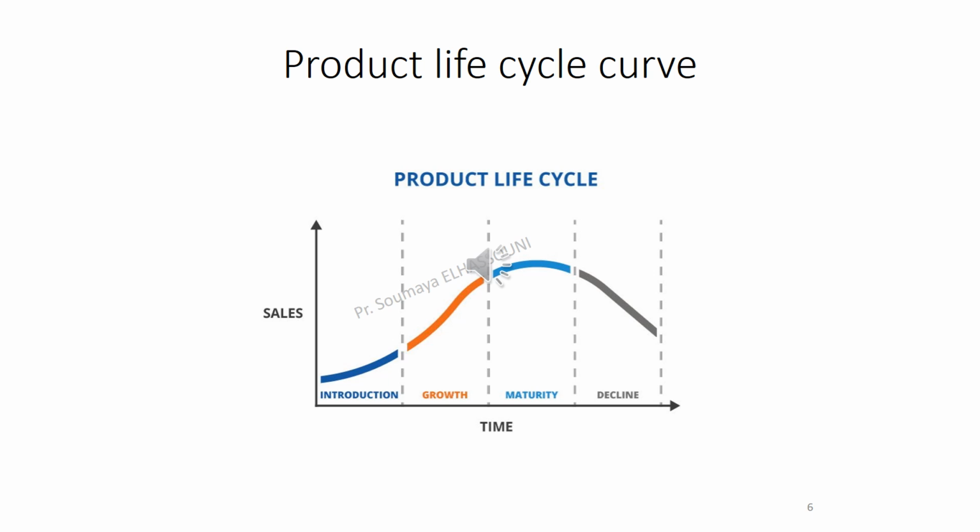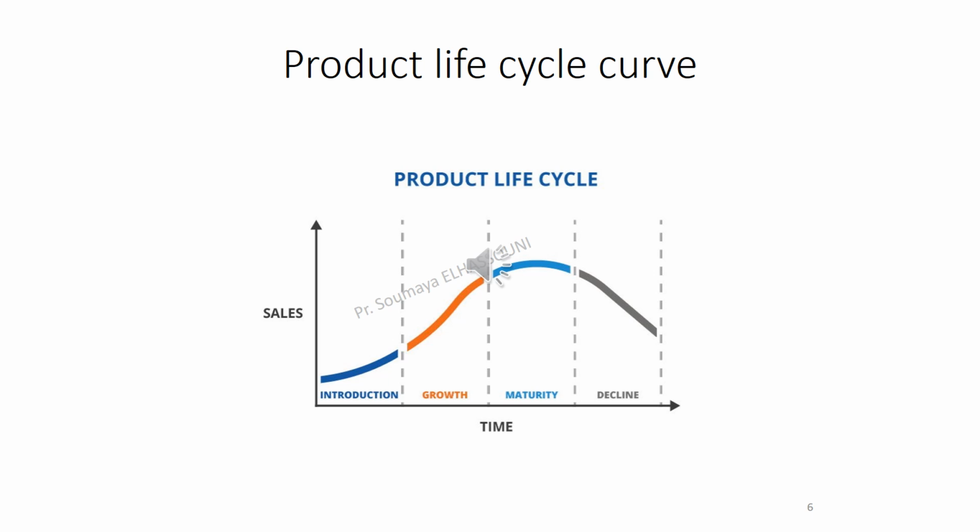As you can see, the sales are slow at first, and companies need to invest heavily in promotion to create brand awareness, because obviously the product is unknown and needs support, especially at the communication level.